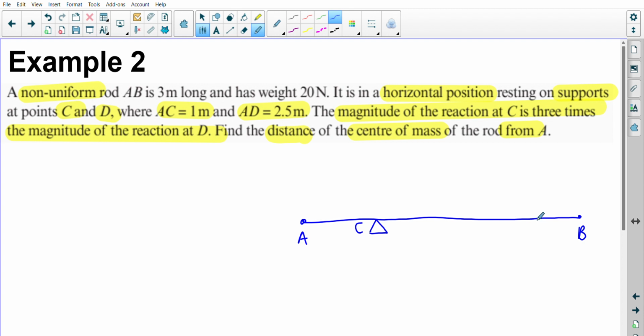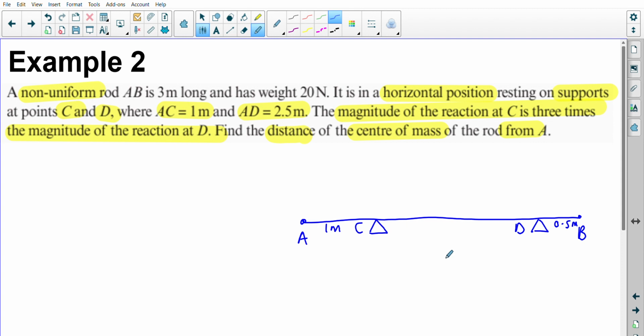About there. Okay, I'm going to go a little bit shorter for that one. So that's 1 metre, that's 0.5 metres, because if the total to there is 2.5, the rod is 3 metres.